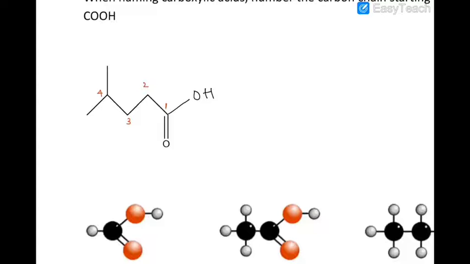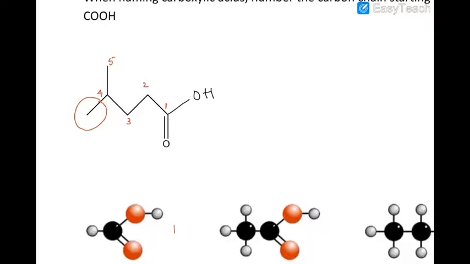When I'm counting, I can either say that this is number 5, or I can say that this one is number 5. Either way, you can see that on the fourth carbon there is a methyl chain. So you have a methyl here. We'll have to name the side chain.